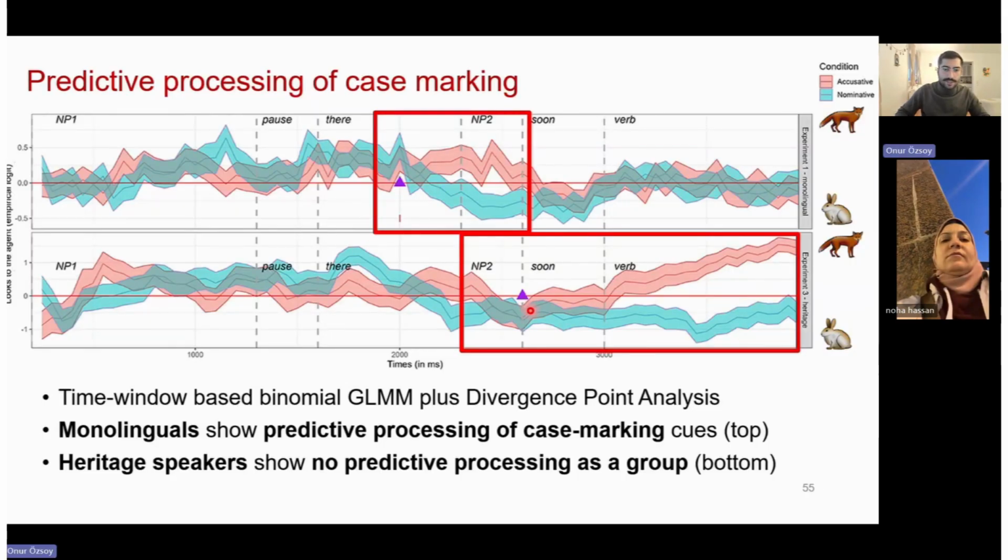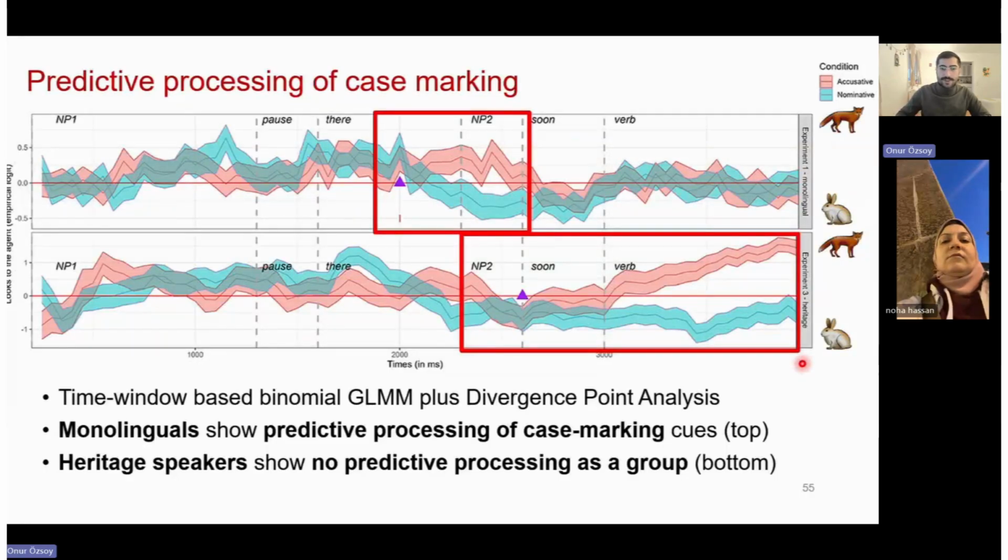And this is also what the heritage speakers do, but they do it only after hearing the word, right? This is when they hear the word, and then they start looking at the corresponding words. So this is crucial at the group level, that heritage speakers don't have this effect.